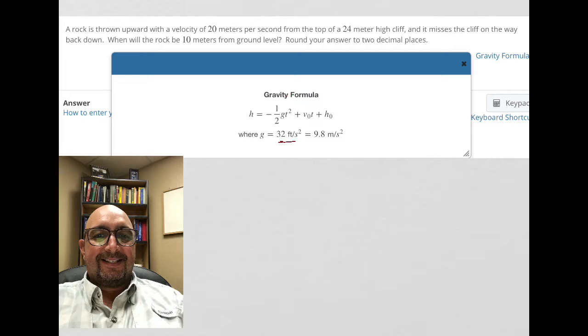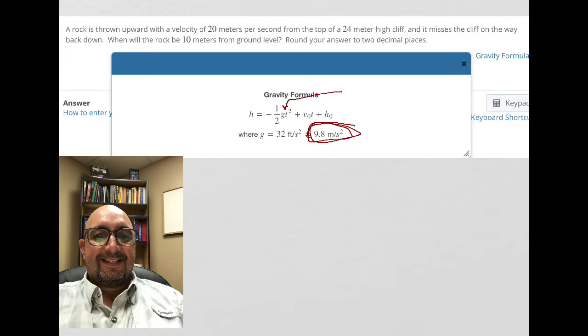Notice we have 32 feet per second or 9.8 meters per second squared. We'll know which unit to use by the reading. In our reading, you'll see all the units are in meters. This tells me that I'm going to use 9.8.